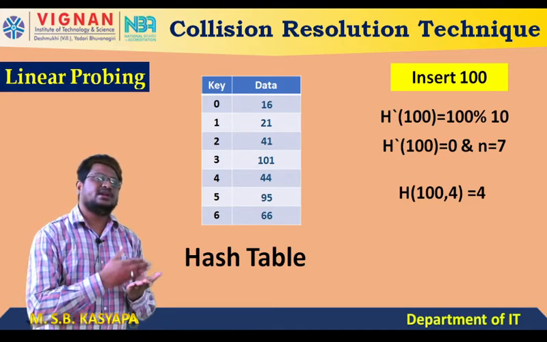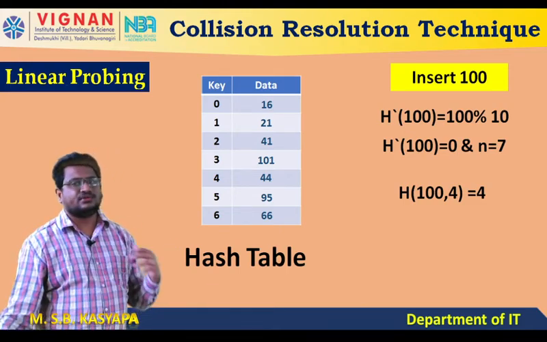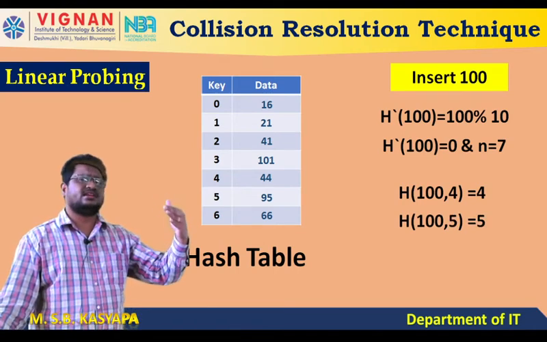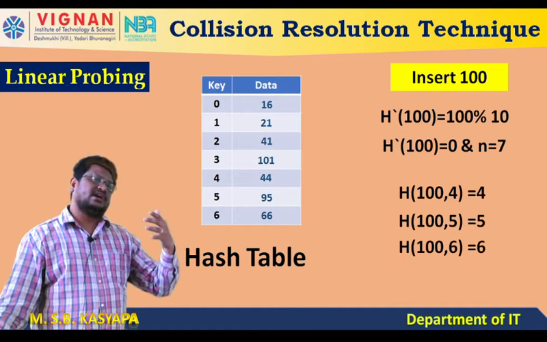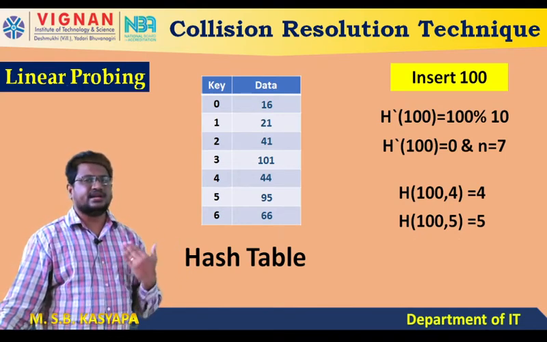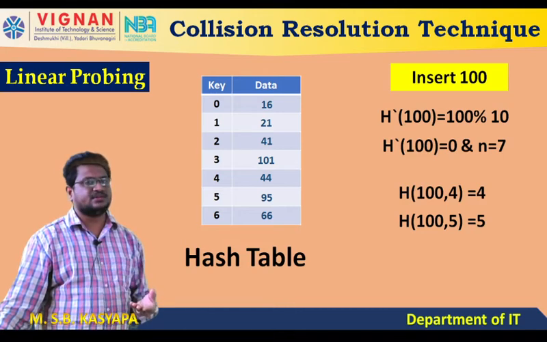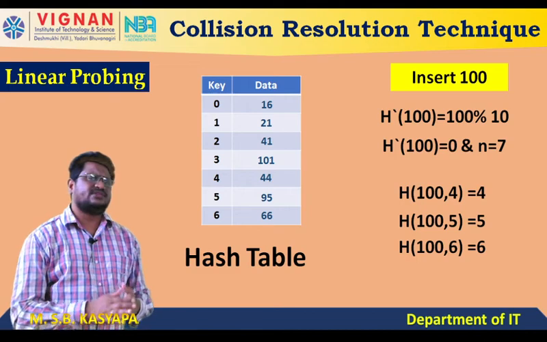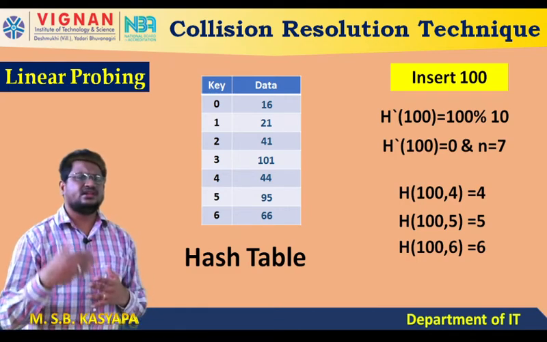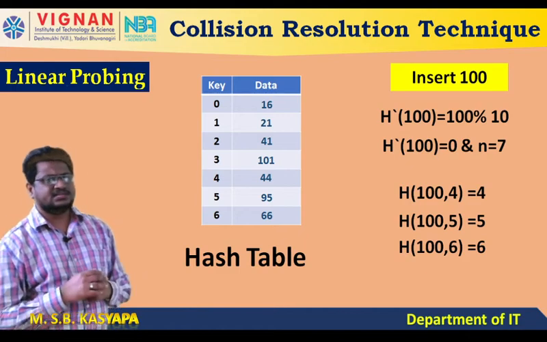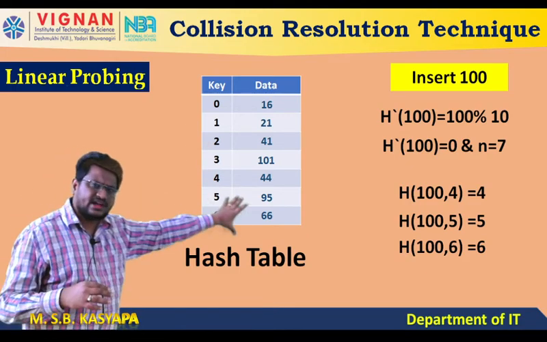Now, I am incrementing 3 to 4. If I apply 4, already 4 is occupied. I have to increment to 5, and the probing value 5 generates the key 5. 5 is occupied, again I am incrementing my probing value. So, like this I have to increment until I find an empty space, but here I have only 7 values available.